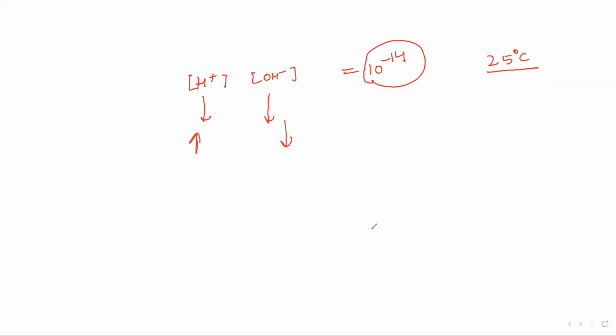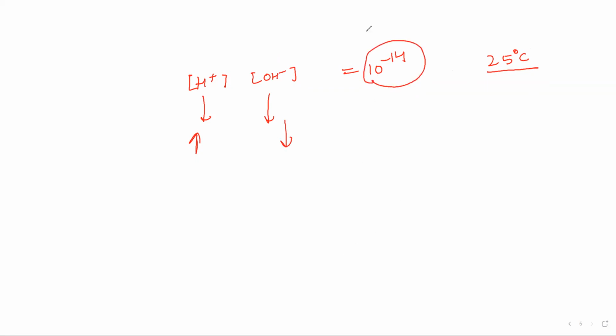So the H positive concentration times the OH negative concentration is equal to this. Remember, the temperature is 25 degrees Celsius. If this concentration increases, this has to decrease because the product has to be a constant value.